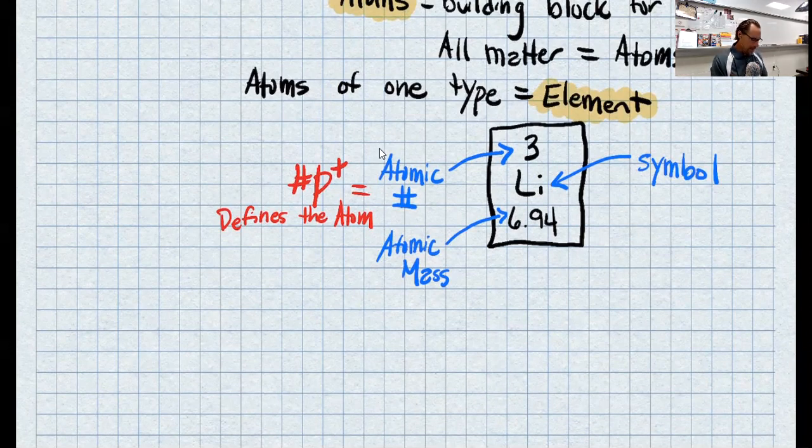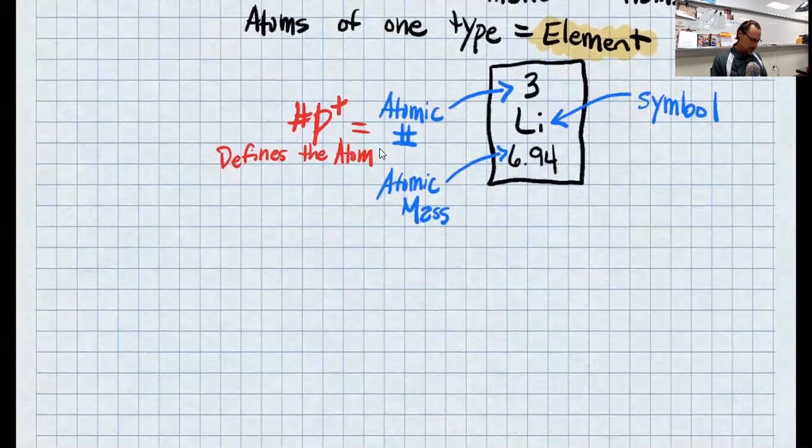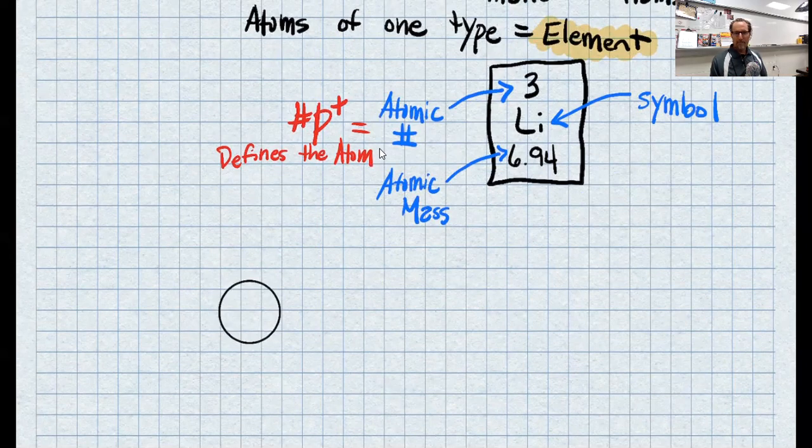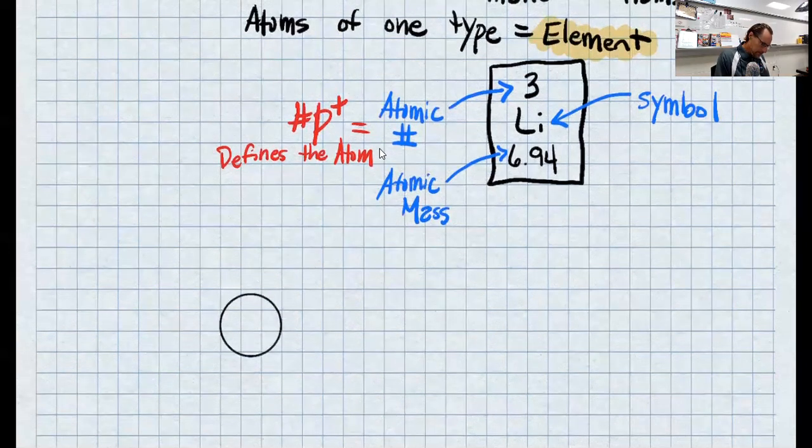And so when I look at an atom, I want to take a look at the atomic structure. I'm going to start off by drawing a nucleus here in the center. Okay, so in that nucleus, and I'm going to use, again, lithium as my example, because it has an atomic number of 3, I know it has 3 protons. So I'm going to go ahead and draw those 3 protons inside of here.